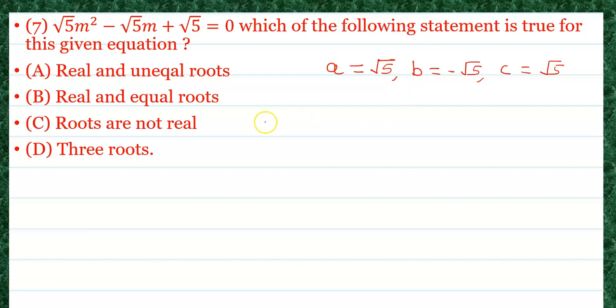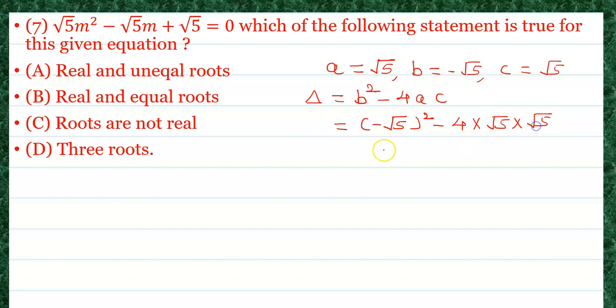Okay, and therefore we'll find out the value of the discriminant delta, which is B square minus 4AC. Here the value of B is minus root of 5, in bracket square, minus 4 into A which is root 5, and C is also root 5.